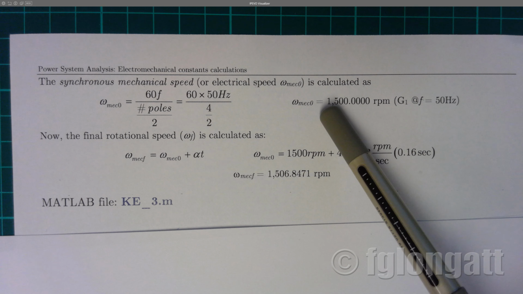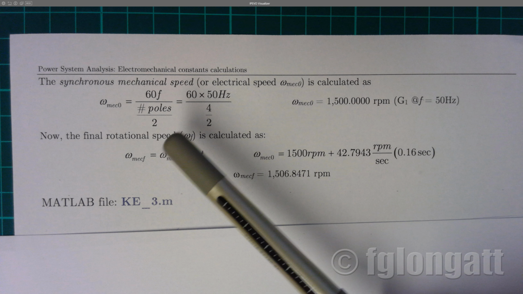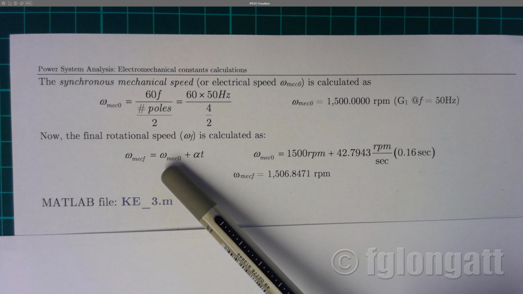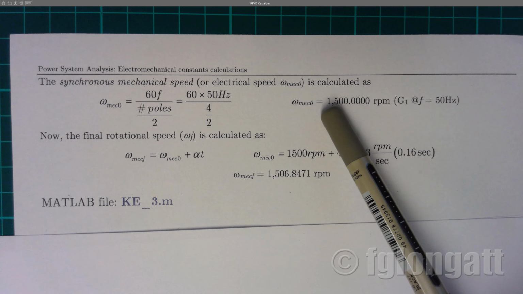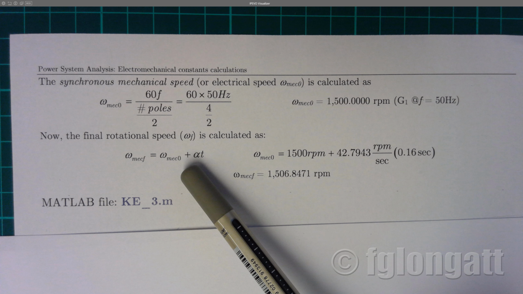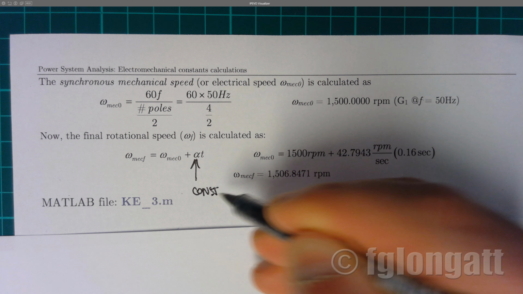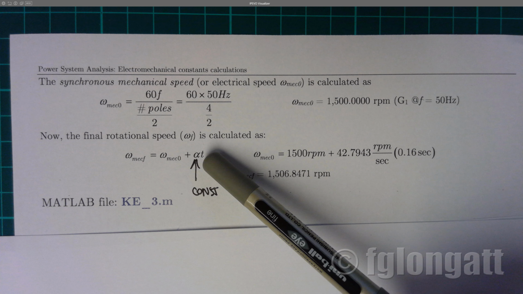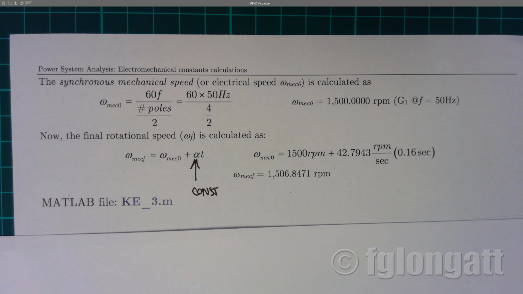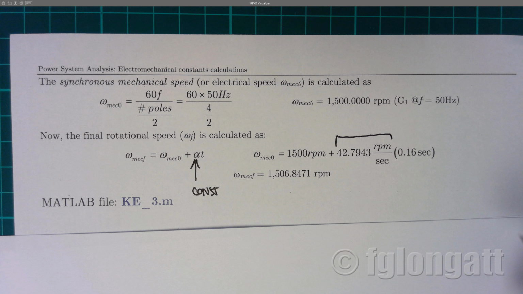In this case, the initial rotational speed is 1500 RPM. But during the acceleration time, you must remember this is the starting speed, the starting mechanical speed, 1500 RPM. But if we keep the acceleration constant, remember that the acceleration is constant, during a period of 160 milliseconds, and that is what I am doing here, I keep constant my acceleration of 42.79 RPM per second for 160 milliseconds.